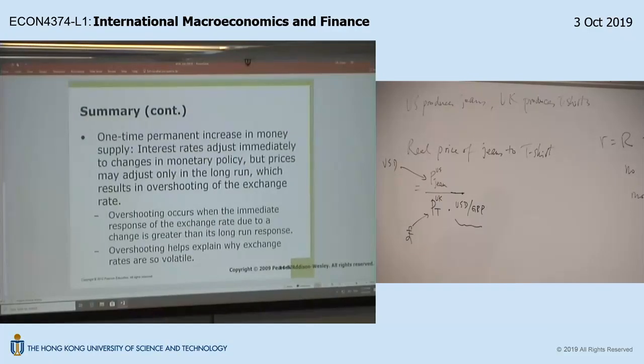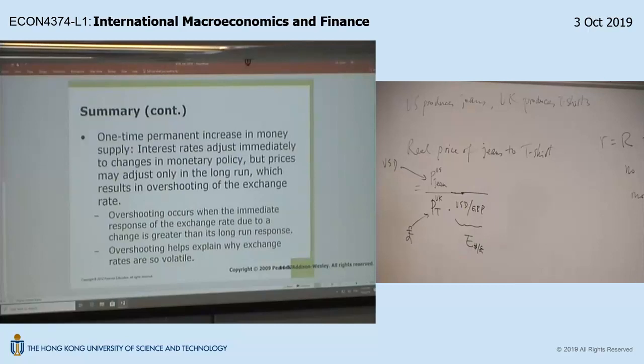And if this is larger, that means that the U.S. dollar depreciates. So this is the E that we talk about. This is dollar per pound. Okay, sorry you cannot see. So this is the E that we see.